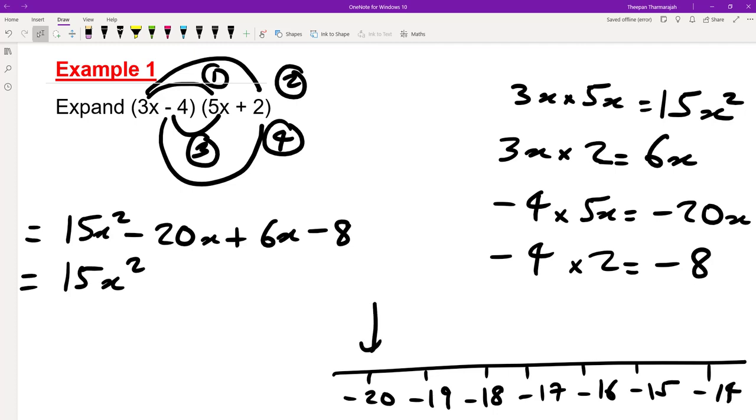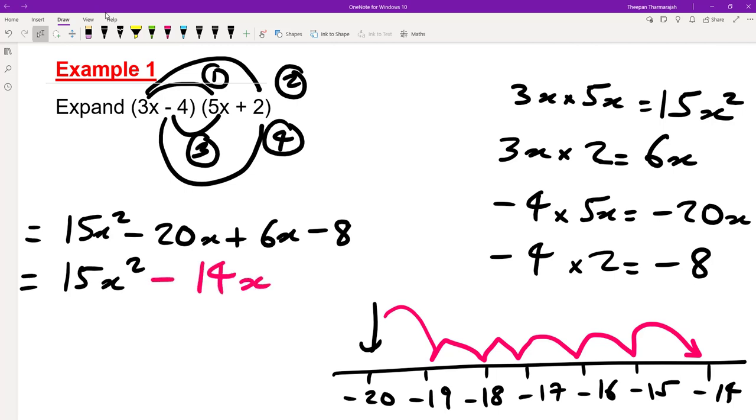So we start from minus 20 here, and we're going to add 6 spaces. So we go 1, 2, 3, 4, 5, and 6. So we end up at minus 14. So we get minus 14x, and then we get a minus 8.